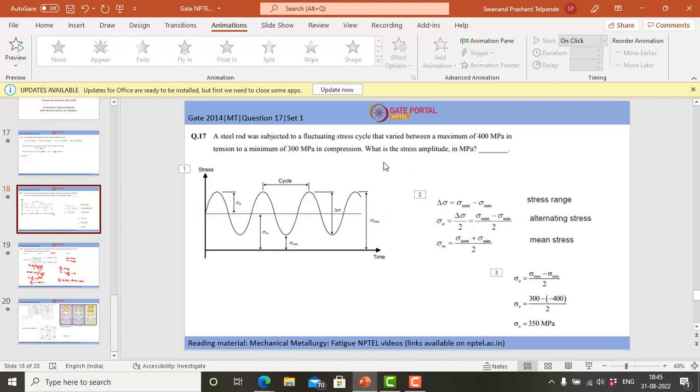One of you made the mistake of taking 400 minus 300 divided by 2, whereas it is actually 400 minus of minus 300. So it is 700 divided by 2, because you skipped the words in compression. Make sure you don't make such mistakes further. Read the question carefully, then see which formula fits in and then come to the answer.